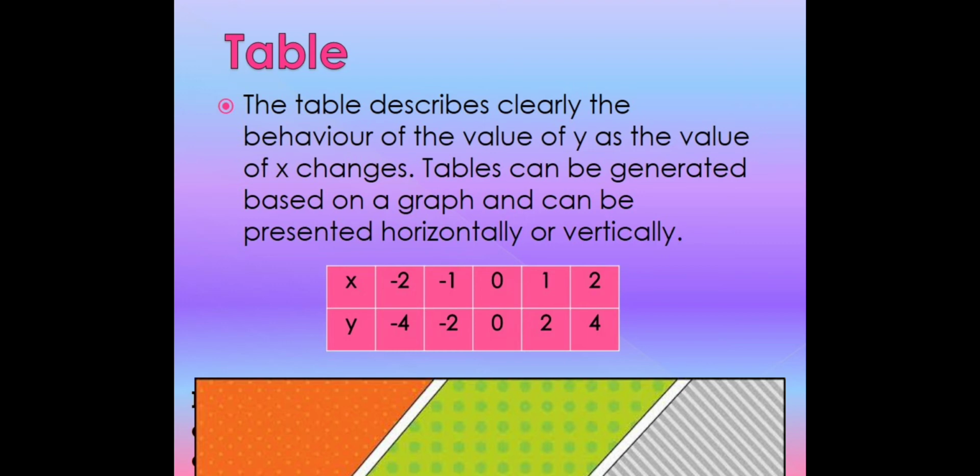Tables can be generated based on a graph and can be presented horizontally or vertically. So as you can see in the given table, we have x or the domain and we have y, the range. So you can represent our relation in a table like this.